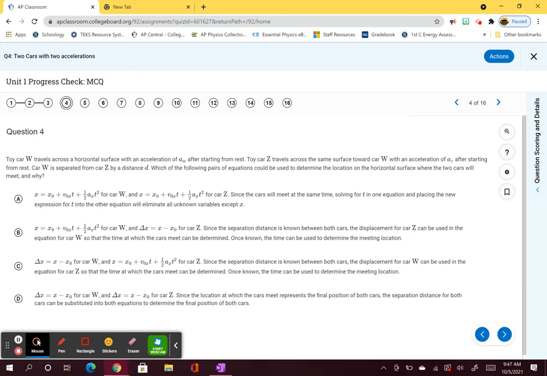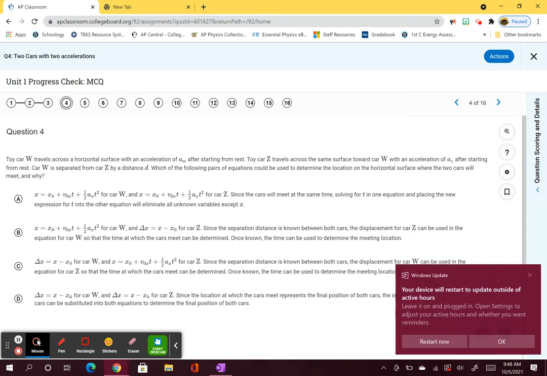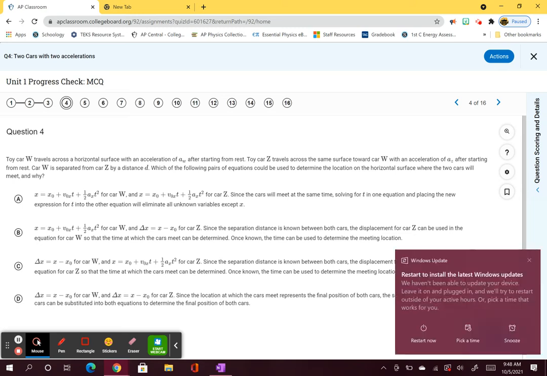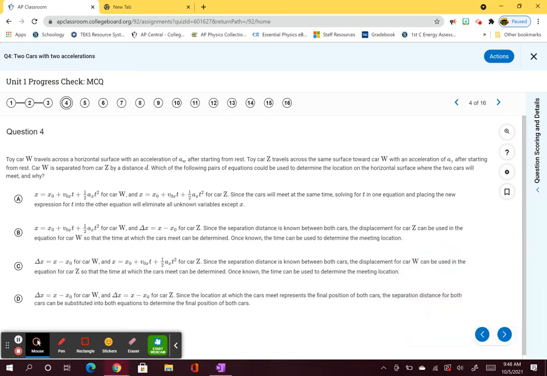Which of the following pairs of equations could be used to determine the location on the horizontal surface where the two cars will meet and why? Okay, that is a lot of information, so let's break it down.